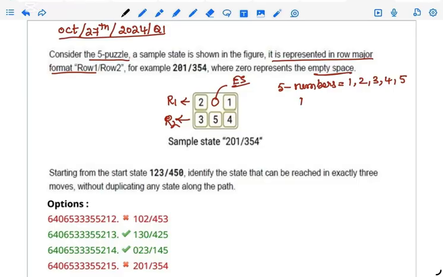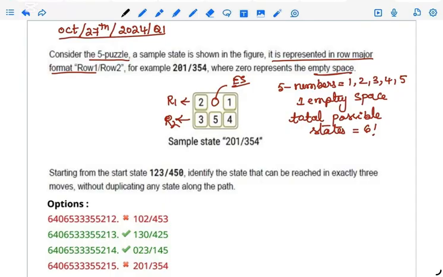So the total possible states are 6 factorial.